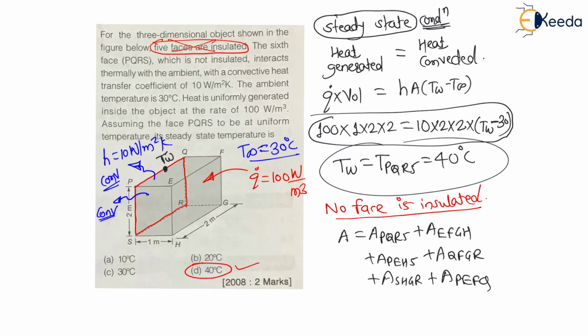These all 6 areas, two side areas, front and back areas, top and bottom areas, are available for convection. Therefore these areas we have to consider.